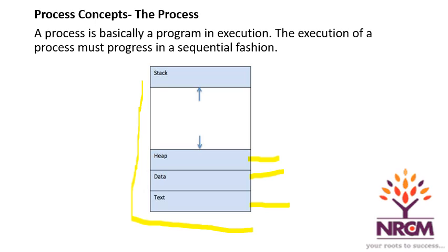Okay, and next is stack. As we all know, the stack order is last in first out, LIFO, or first in last out. The stack also stores local variables which are declared in the program.